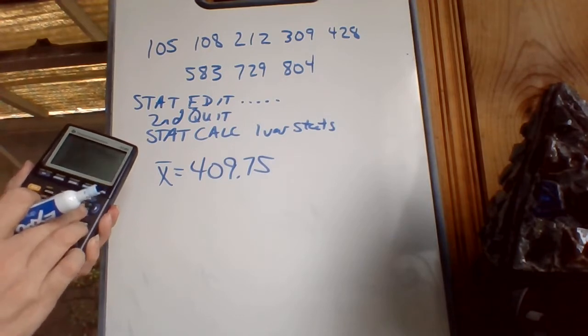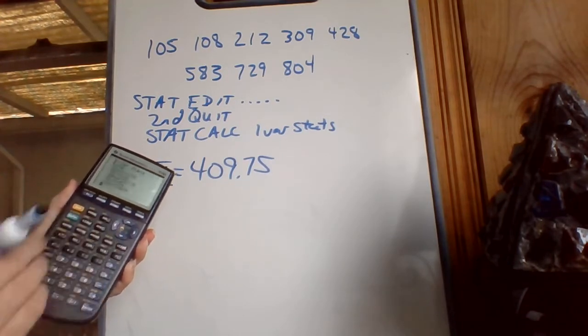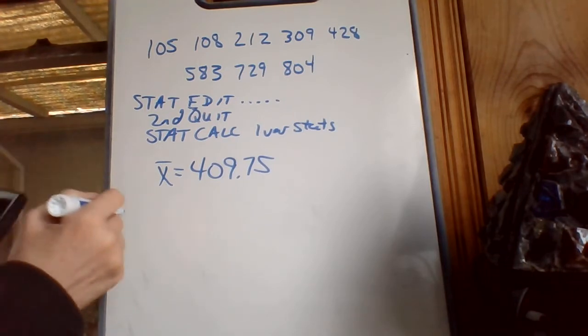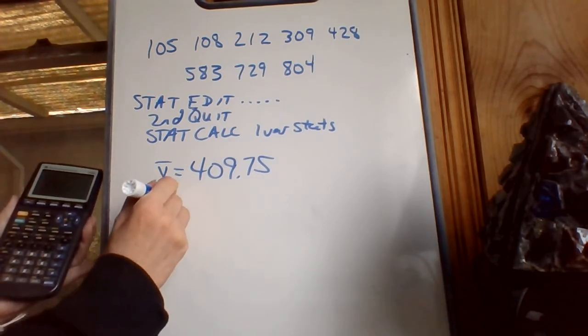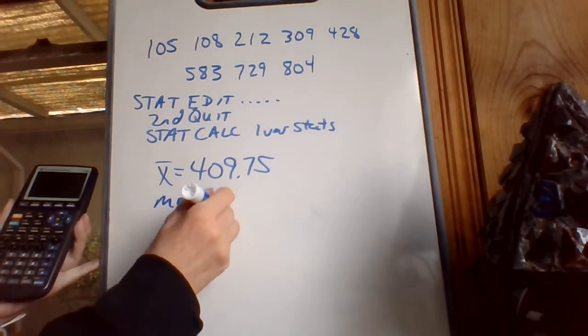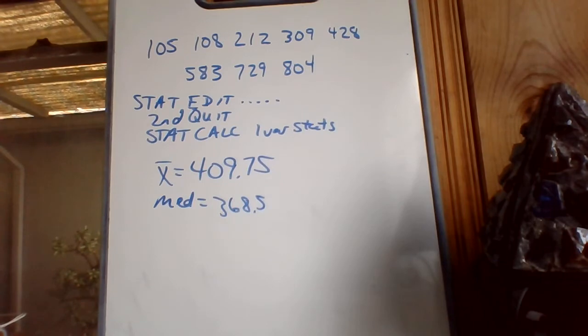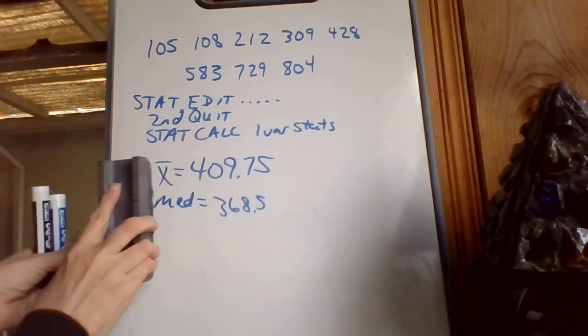And if you arrow on down, so use the arrow button on your calculator right here, and arrow on down, you can see the rest of it. Okay, and it says median 368.5. Okay, and then I'd write no mode. That's what I would do if I was answering question number 6.